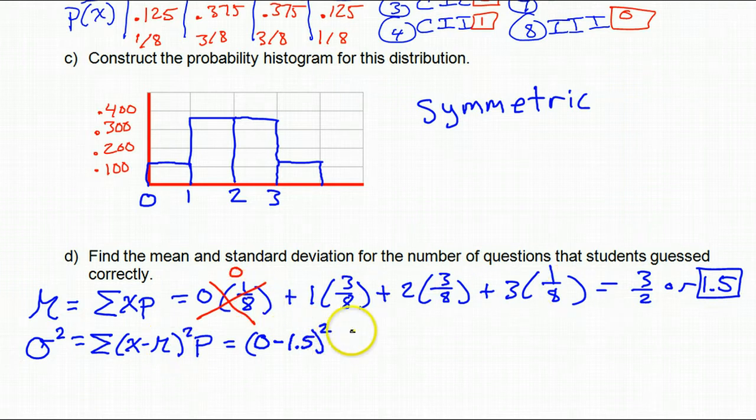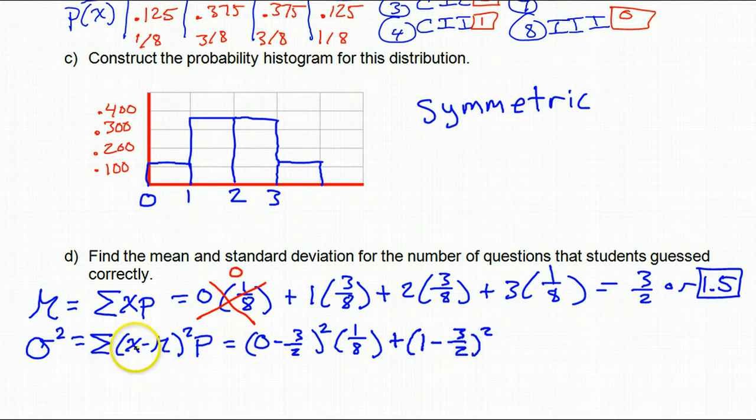And remember the probabilities, we can just use them again. So 1/8. Maybe I should have done 3/2. If I'm going to do fractions, I'll stick with fractions. It really doesn't matter, is the real point. So this is 3/2. So that's going to be plus 1 minus 3/2 squared.